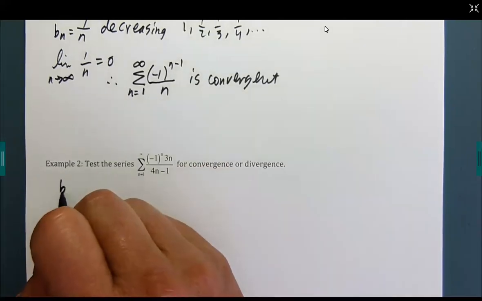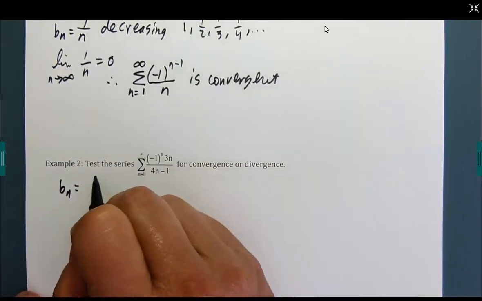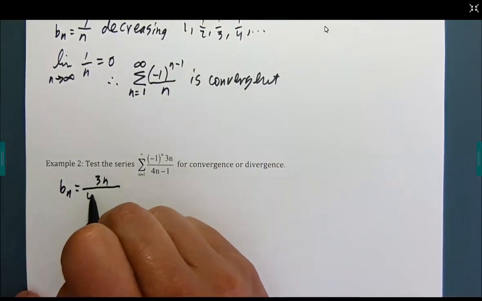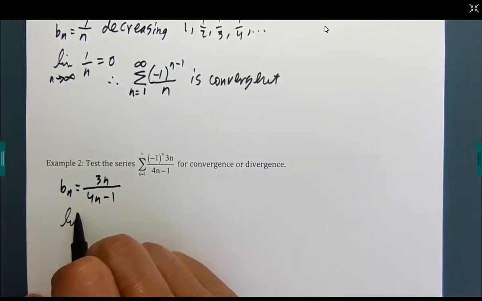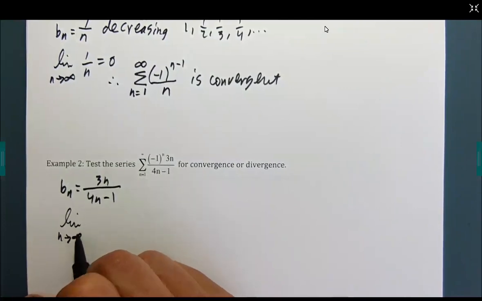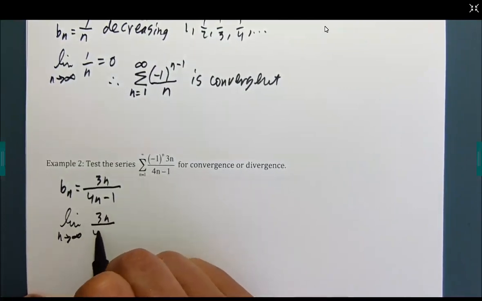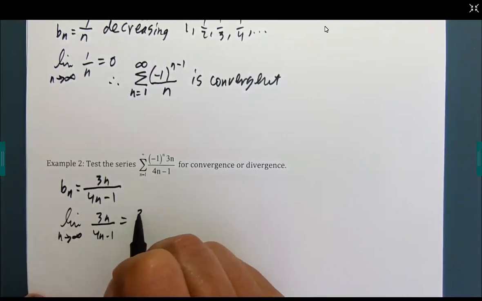So in this case, b sub n is 3n/(4n-1). Now, right away, I can see a problem here. Be it decreasing or not, I can see that the limit as n goes to infinity of 3n/(4n-1) is going to be 3/4.